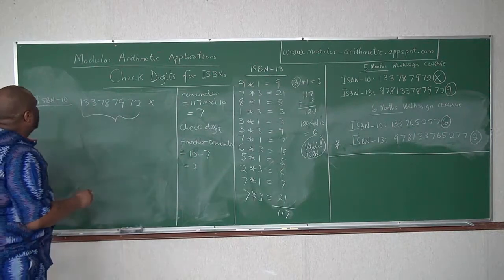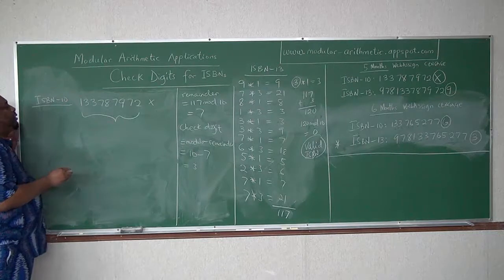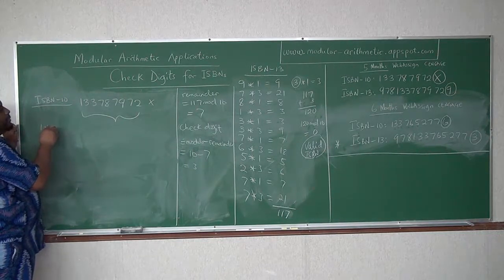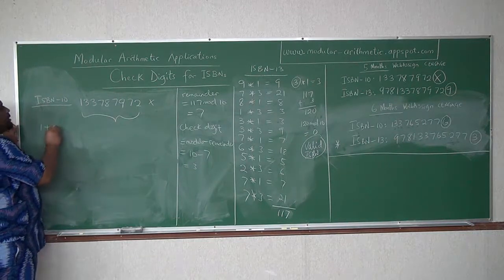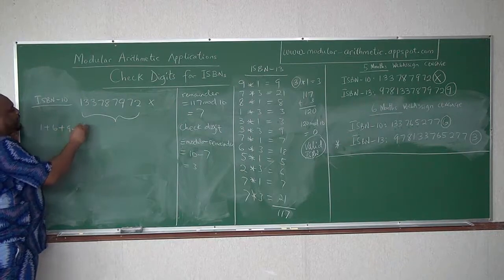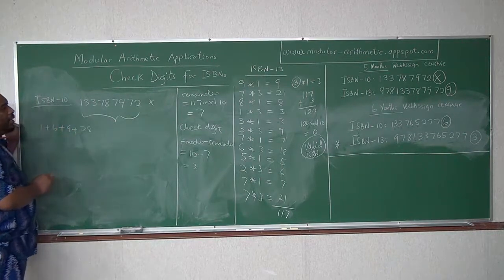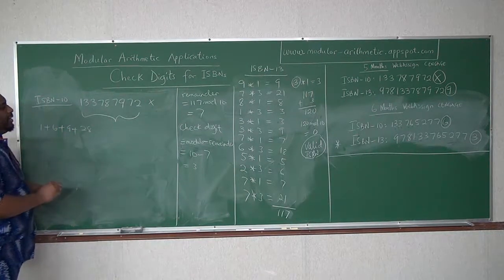So 1 times 1, 1 plus 3 times 2, 6, 3 times 3, 9, 7 times 4, 28. I don't want to go through all those.